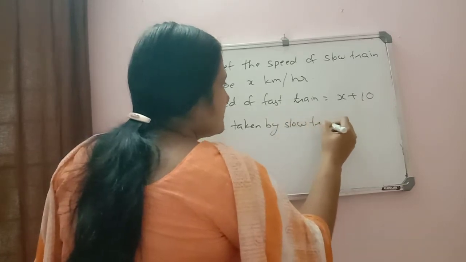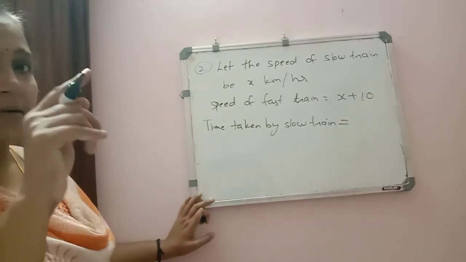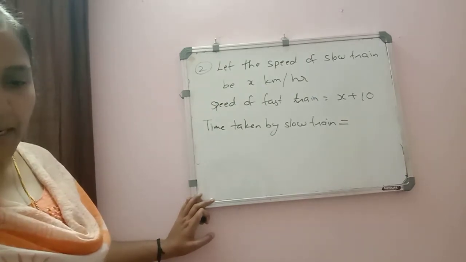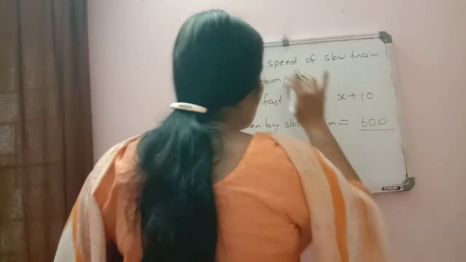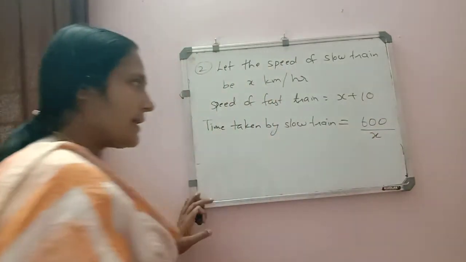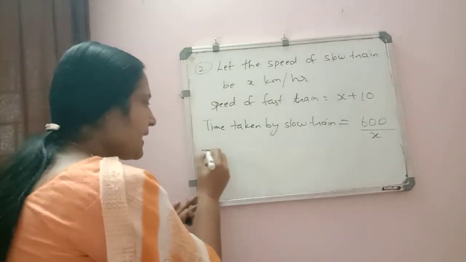Time taken by slow train is equal to, as we know, formula is time is equal to distance by speed. So our distance is equal to 600 and the speed of the slow train we have taken x. So time taken by slow train is equal to 600 by x.